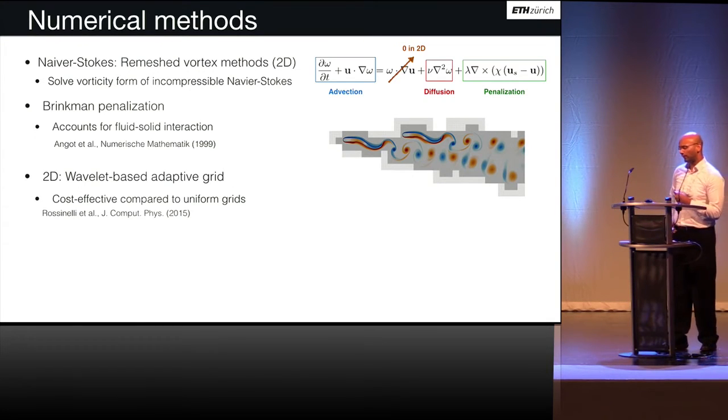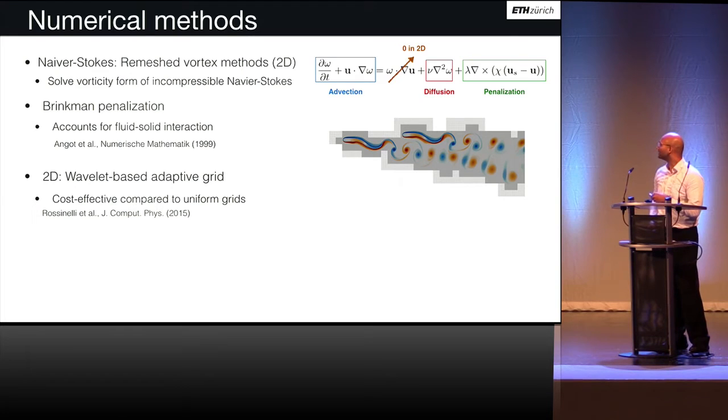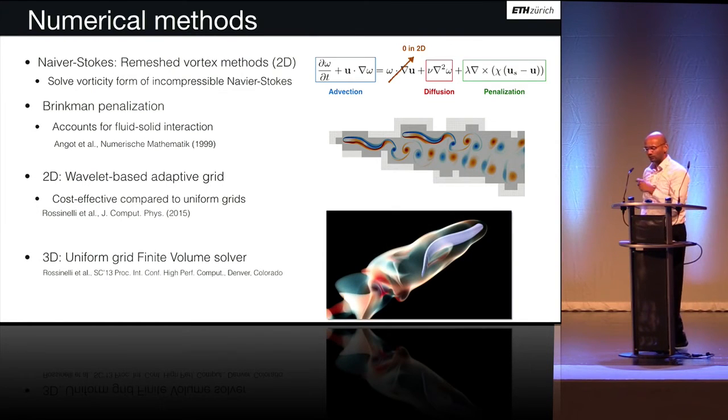The software we use is very nice in that it allows the grid to be adaptive both in space and in time. So we save a lot of computation compared to if we were to use uniform grids. And it is open source, so you can check it out over there. Also, I'll show you some 3D results, and for that, we've used a finite volume solver.